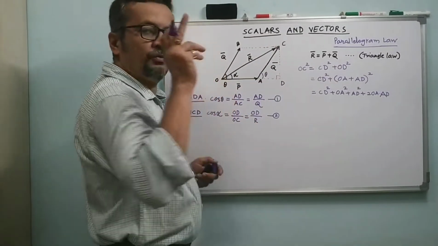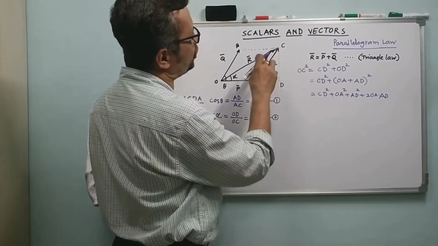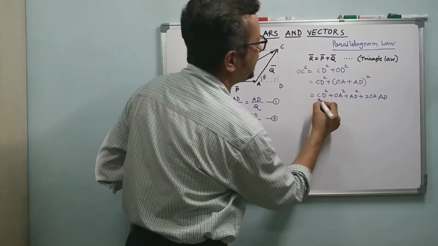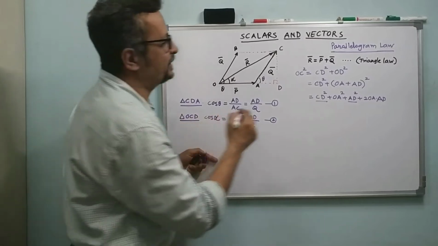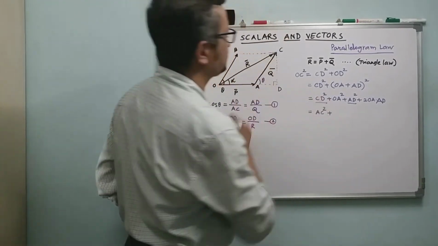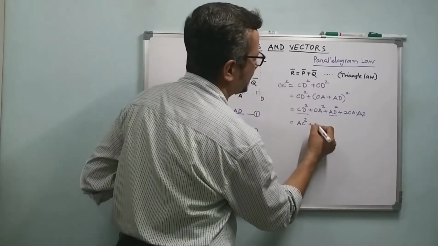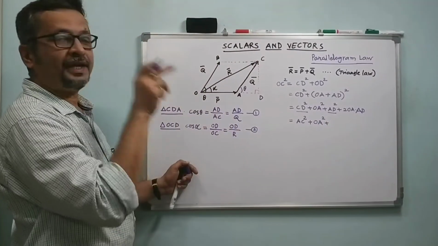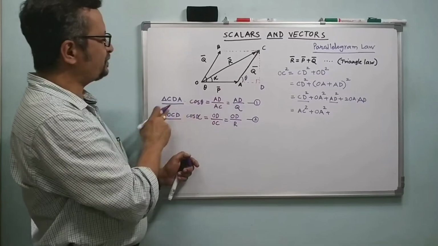Now here, what you can see is AD square plus CD square. Is it not AC square? So I'm going to write it as AC square there, plus OA square, plus 2 OA AD. But then what is my AD?